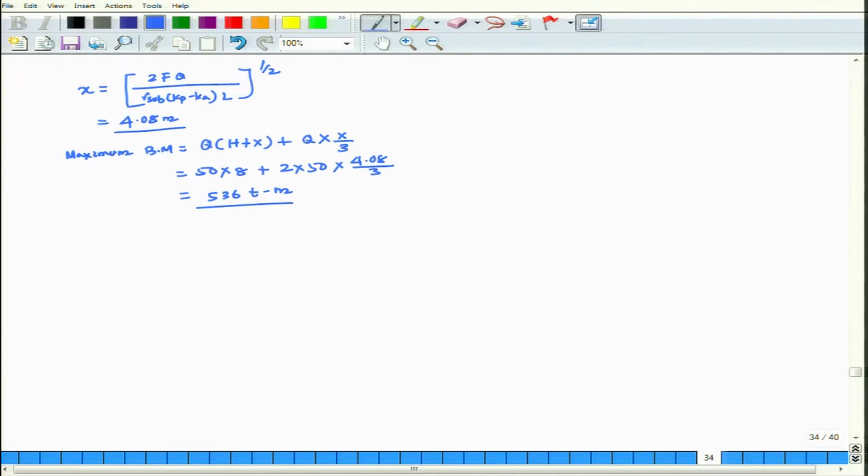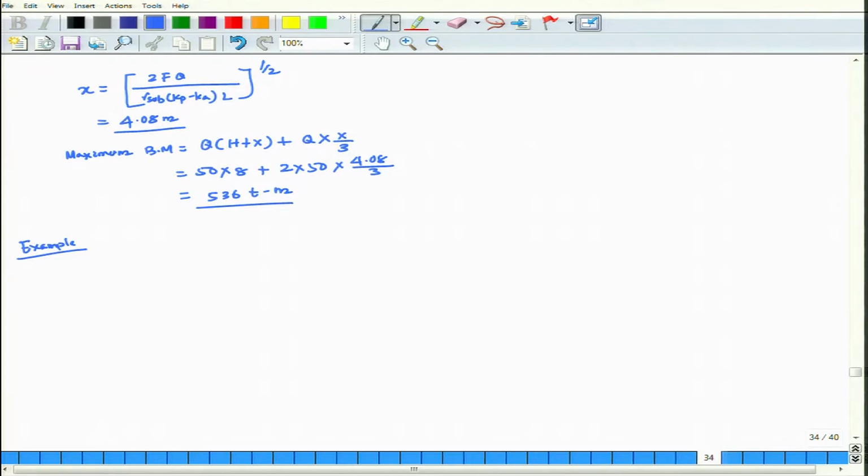Now, one more problem I am giving to you, you can try. This will not be related to the well, this will be about one more pile problem.